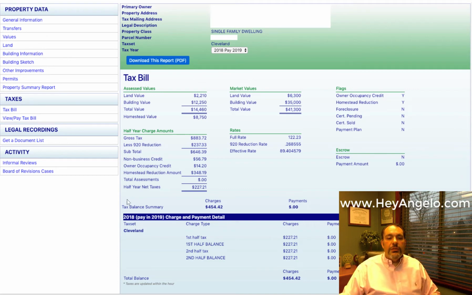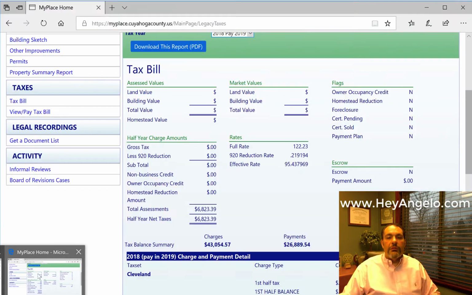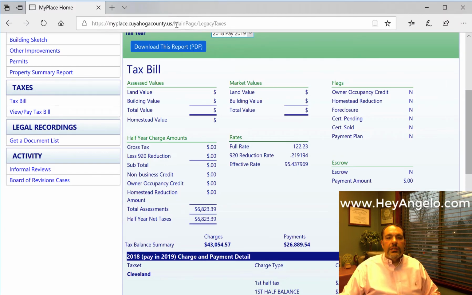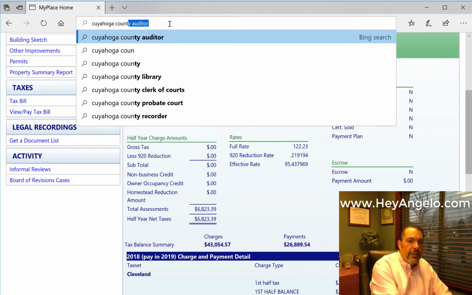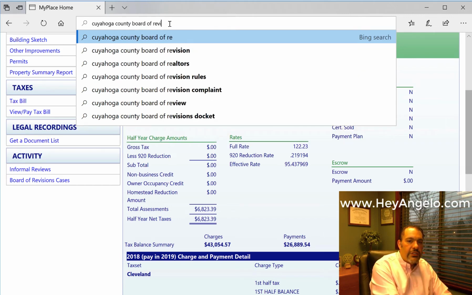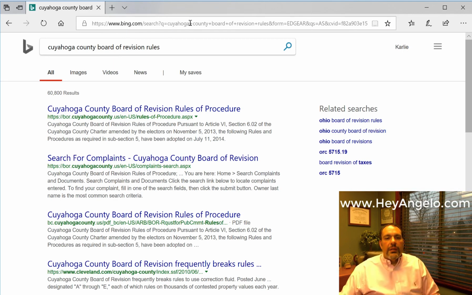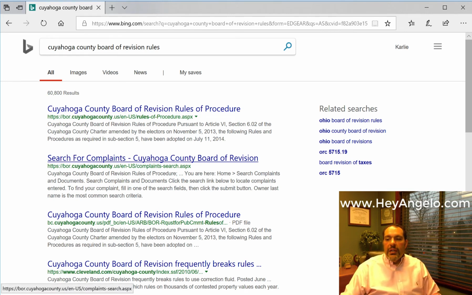Now, when you want to dispute a property value, you have to go to the Board of Revision. So I'm going to type in Cuyahoga County Board of Revision. Lots of rules. I'm going to have links to the counties, Cuyahoga, Lorain, Medina, Summit, Geauga, Lake. That'll pop up on your screen.